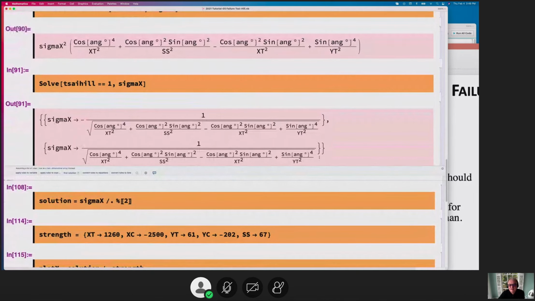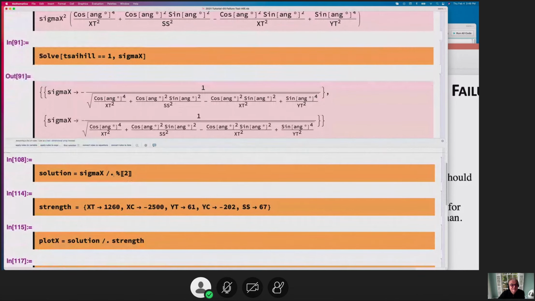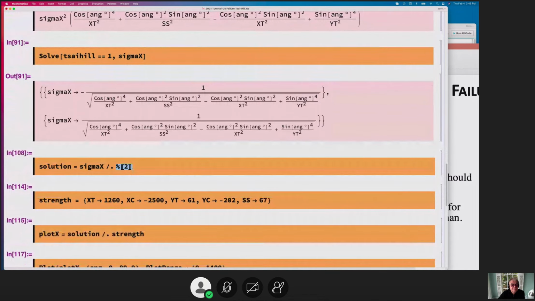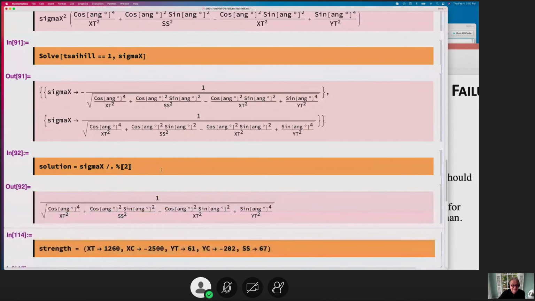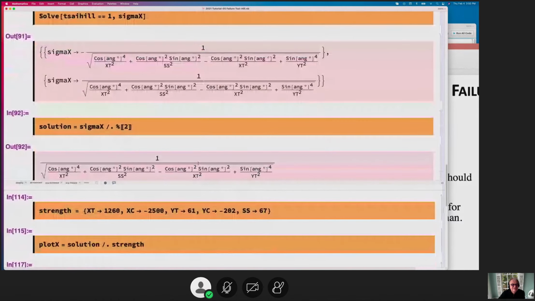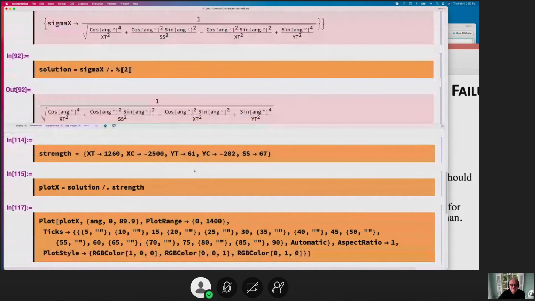The solution comes in a pair of two solutions, plus and minus sigma x, since it was squared. So I take the second term, which is the plus version, and make it the solution: sigma x equals the second. So this is the value of sigma x.